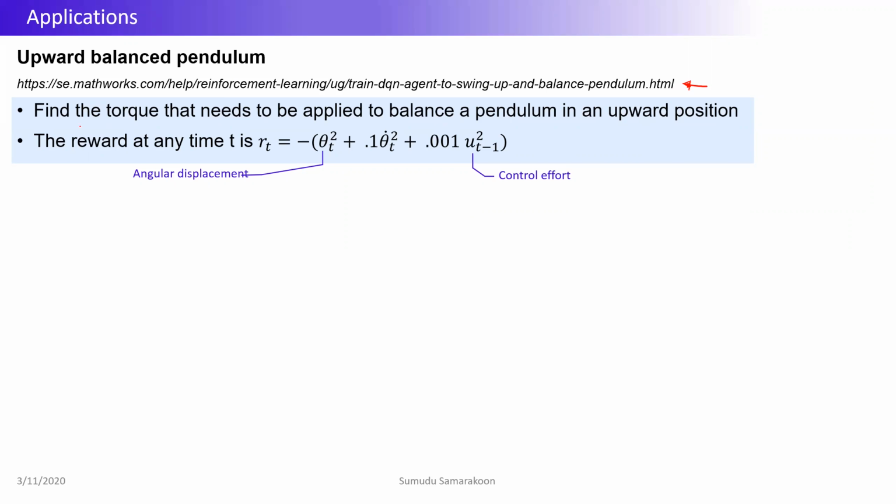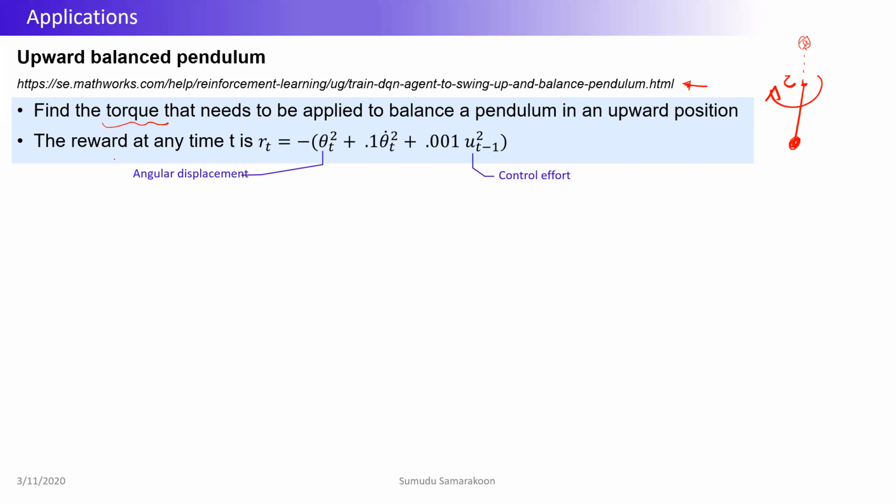Here, you have to find the torque that needs to be applied to balance the pendulum in the upward position. So the scenario is that we have a pendulum and we need to apply a certain torque. With the torque, the goal is to reach this position and keep the pendulum in the upward position.